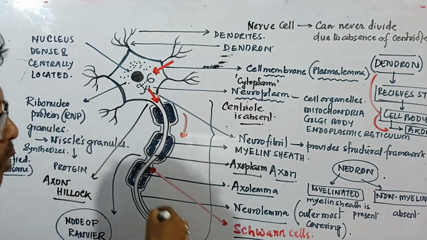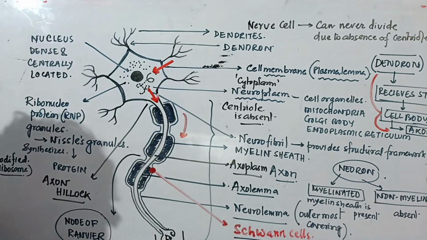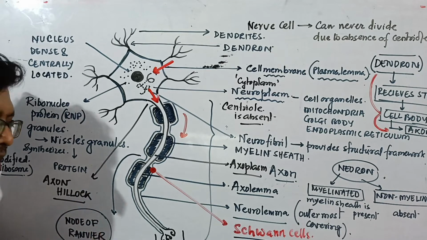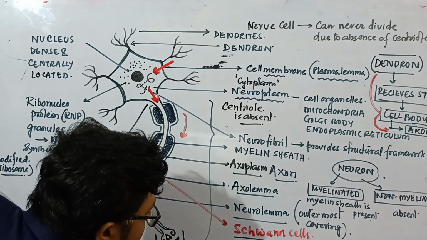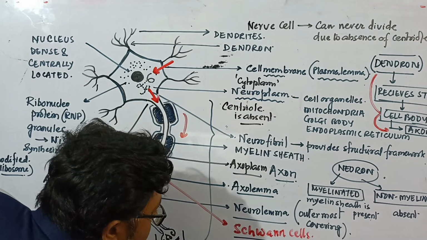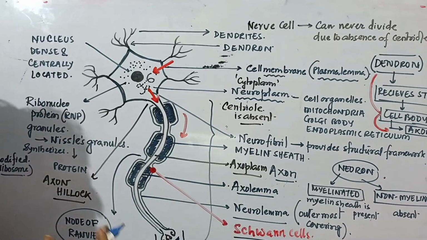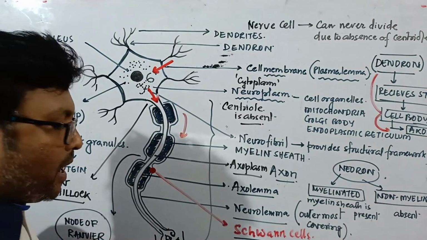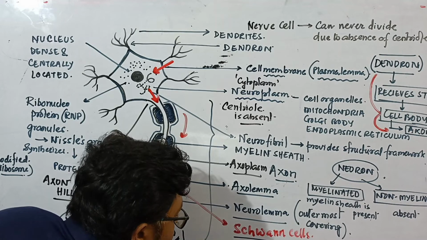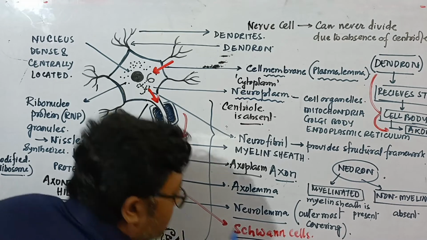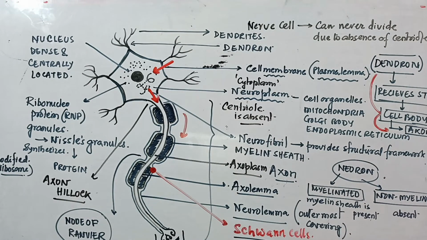As you can see, the whole axon throughout its length is unbranched, but the terminal part forms branches, and these branches are generally known as collaterals. So it gives a brush-like structure. That is why it is even known as the terminal brush. Is it clear? Yes sir.